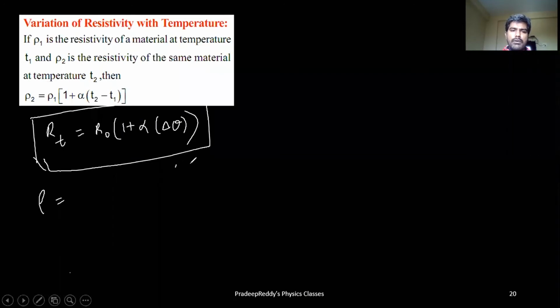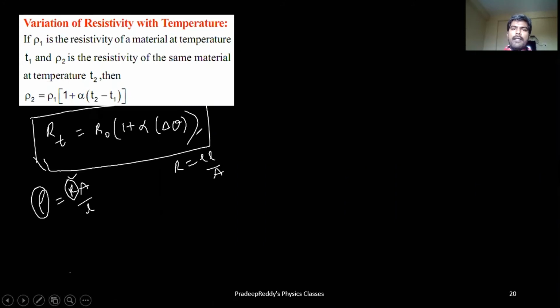Because R is equal to rho L by A. Then how do you write rho? Rho is equal to R A divided by L. As temperature is changing, what happens to this resistance? Resistance is changing. Even though area of cross section and length are the same for a given conductor, as resistance is different at different temperatures, resistivity also changes with respect to temperature.